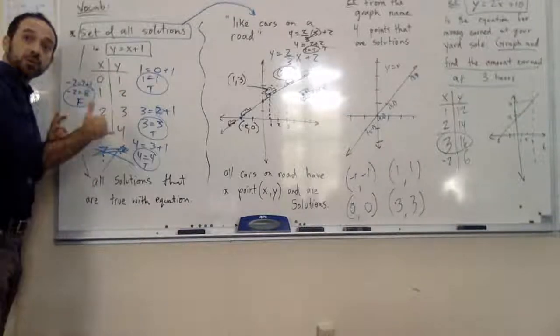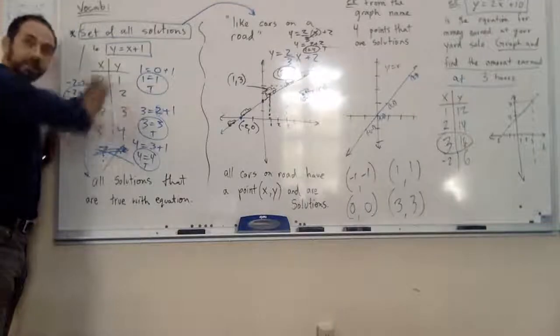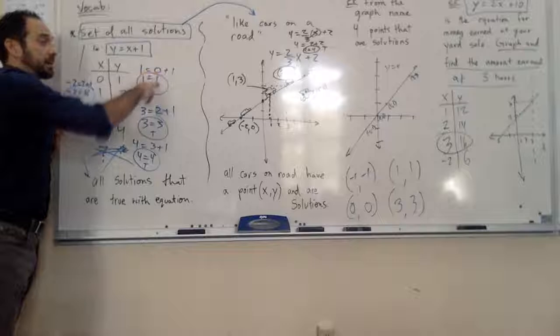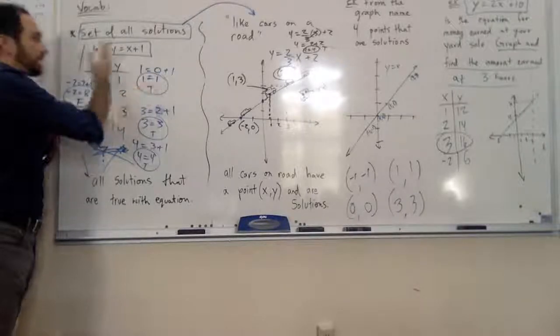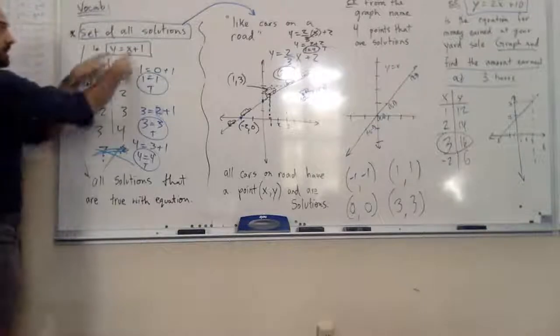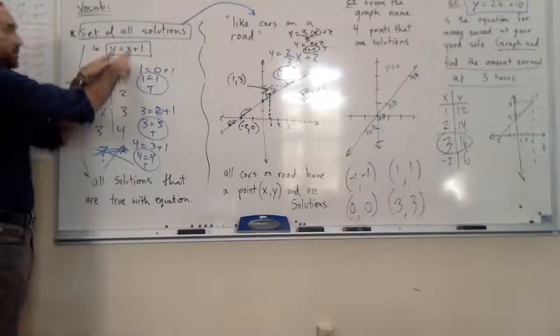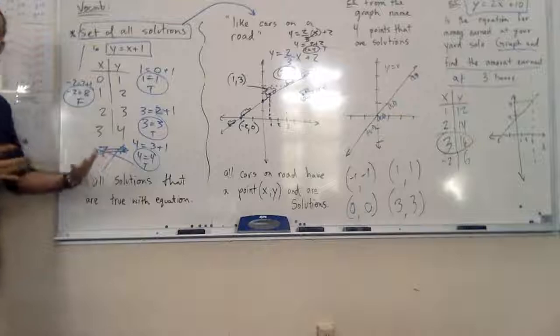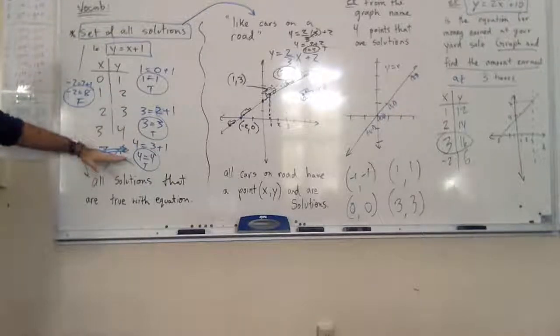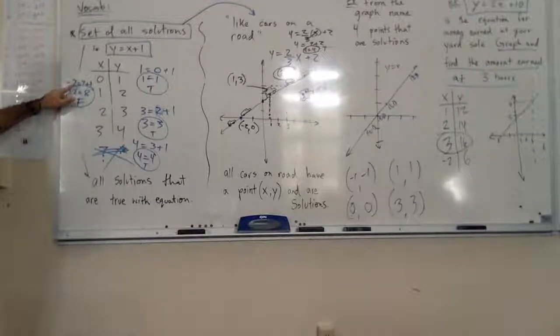It's a solution if the numbers we worked out on the table, when we plug them in, end up having the left side and the right side working out. If the left and the right are equivalent when we put in 2 values, we know that those 2 values are one of the solutions. So all of these were true, but then we got to this one: 7, -2. I plugged in -2 for y, 7 for x.